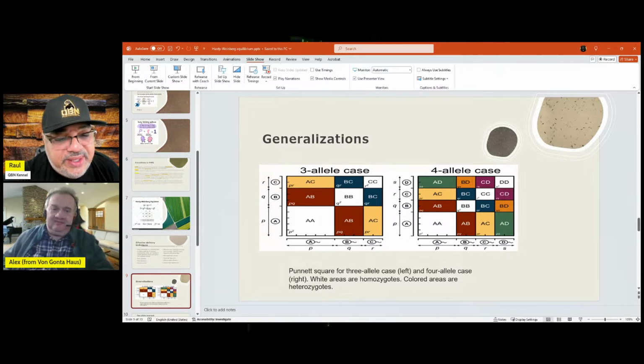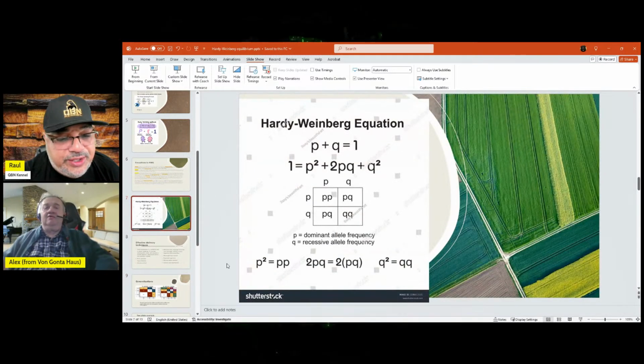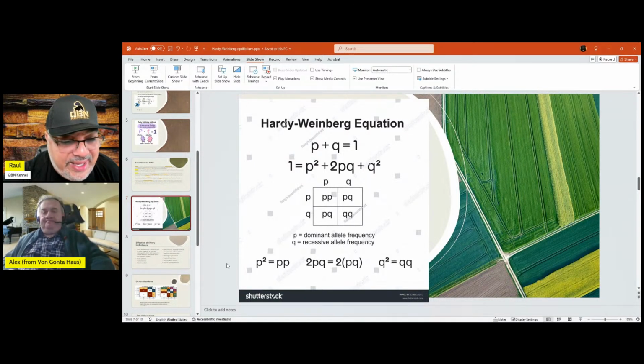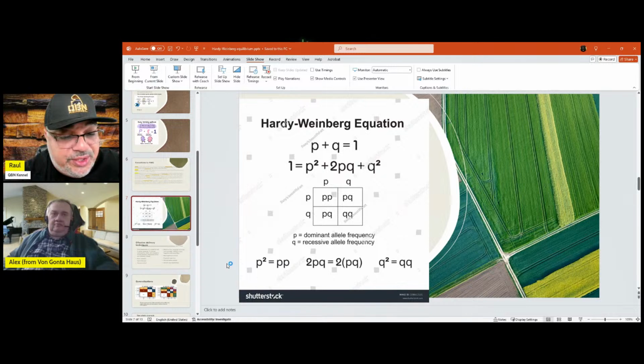Go to the previous screen, that white and green screen, so people could see, yeah, that one right there. There you go. Basically, what Alex is letting you know is that A is going to be substituted for the Q squared because it's a recessive gene. You need both of the same for it to show up.